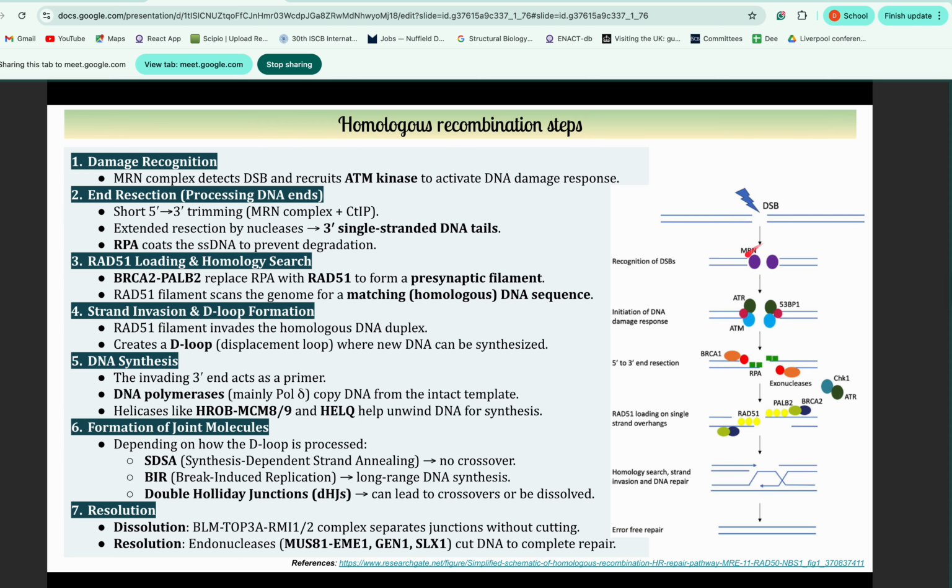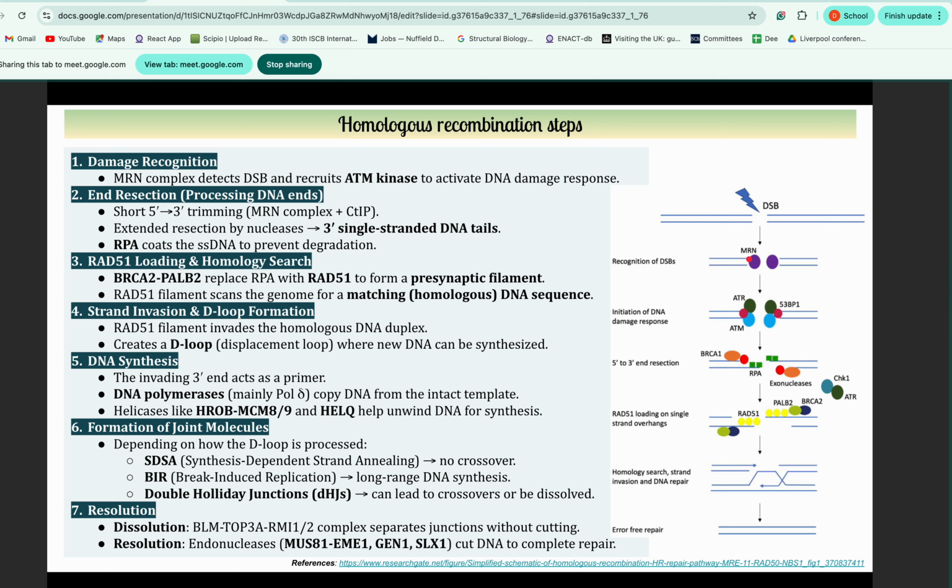RecBCD will bind to the site where the break has happened, and because RecBCD has different components B, C, D, they have helicase activity, in which firstly they will unwind this double stranded DNA, then with their nuclease activity they will degrade one of the strands, and this degradation will continue till the chi site is reached. The chi site is the stretch of sequence which has the complementary region present in RecC. So whenever that chi site is reached, RecC will send the signal to stop the nuclease activity. At that point nuclease activity will stop.